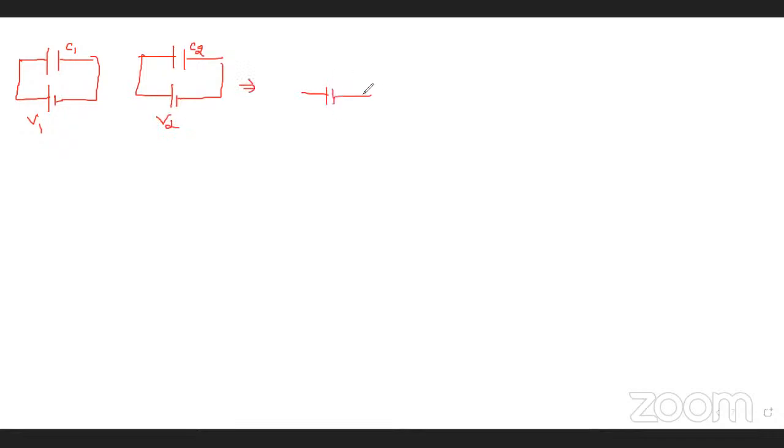Next. This is a capacitor C1. I will charge this to potential V1. Then there is another capacitor C2, with potential V2. Now I will disconnect these two and connect the capacitors like this, C1, C2. If connected like this, now there will be a common potential here.